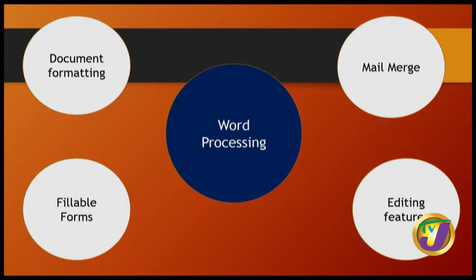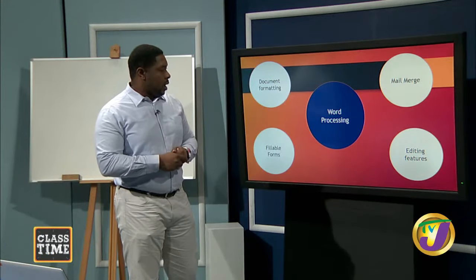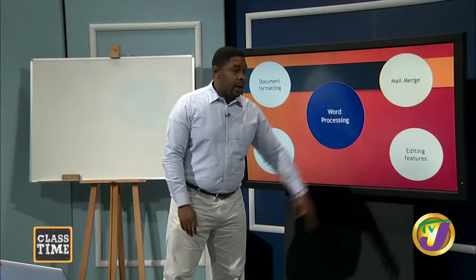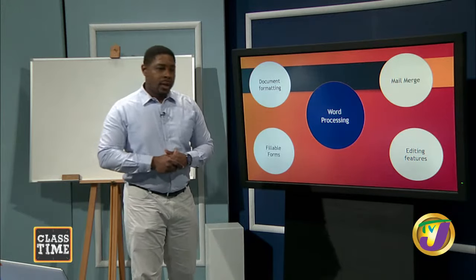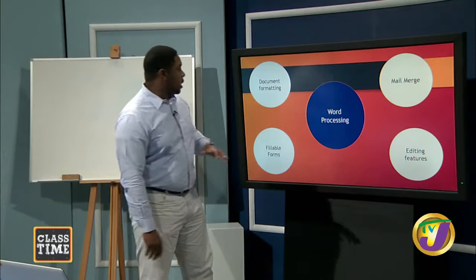But we'll look at that in more detail as the weeks progress. Mail merge is simply creating one template document that you might want to send to several different persons, and editing features like reviewing, cut and paste, find and replace, and all that.